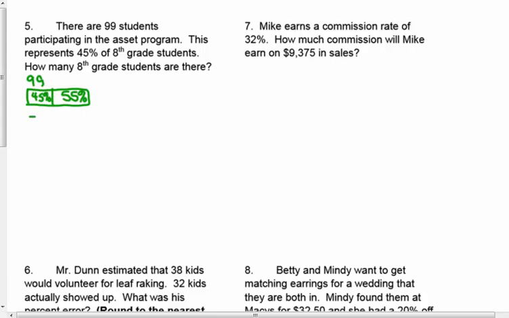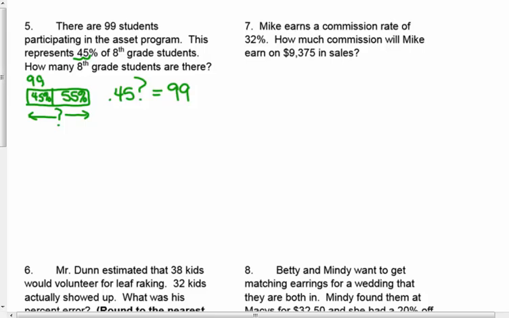So it's asking me, how many is there altogether? What's the total? How many total students are in 8th grade? Well, I know that 45%, if I change that to a decimal, 45% of what number here, of the total that I'm trying to figure out, equals those 99 students. So I have part of the 8th grade class.